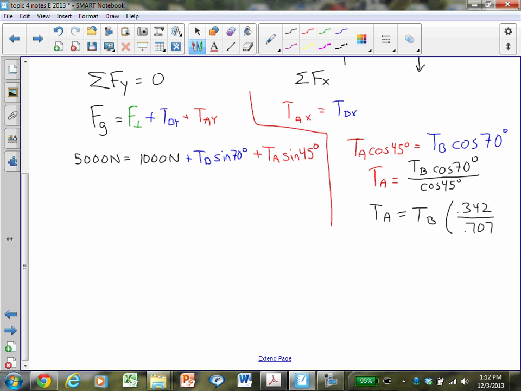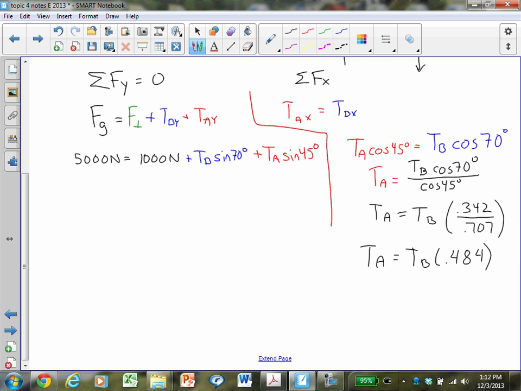So 0.342 divided by 0.707 is 0.484. So TA is about half a TB, isn't it? See that? Right? Because 0.5 is about a half. 0.484 is about 0.5.